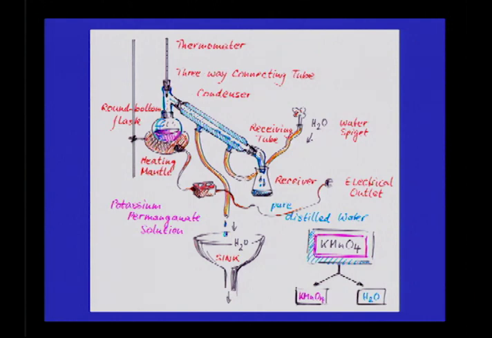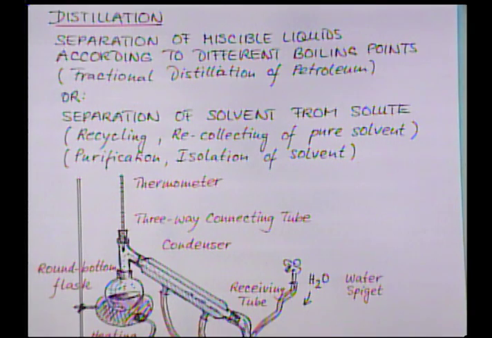We have our heat source. This is not a Bunsen burner this time. This is a heating mantle. And so the solvent will eventually reach its boiling point, come across the three-way connecting tube, and will flow through the condenser that, with the help of a water mantle outside, without any contact to the inner tube, will cool the vapors back down so that they can condense as a liquid, and then we can collect the solvent on the other end in the so-called receiver.